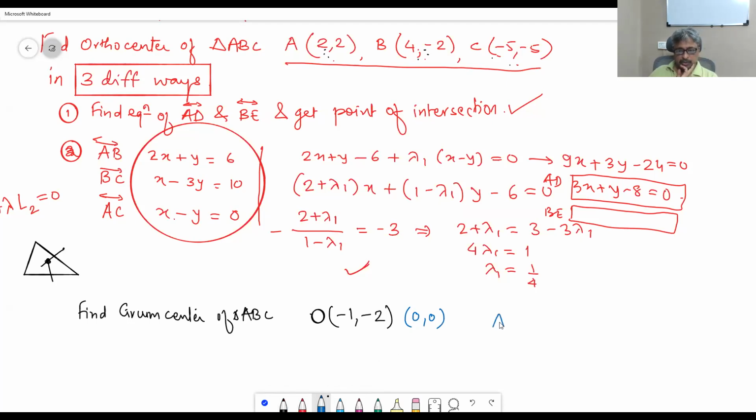What is the new coordinate of A? What is the new coordinate of A? (3, 4). What is the new coordinate of B? (5, 0). What is the new coordinate of C?